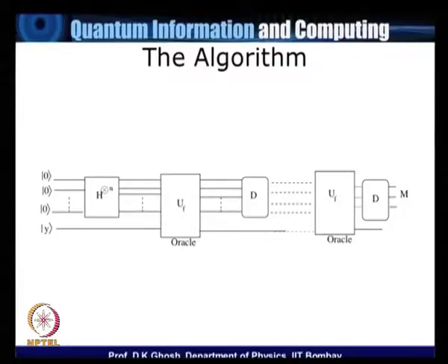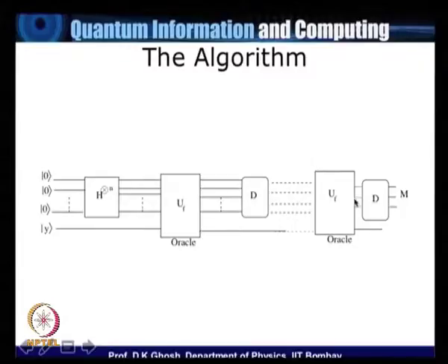This essentially gives you what you will actually be doing. As I said, these are the null states which are passed through Hadamard, giving me the linear combination that we are talking about. This is y, which is set to 0 minus 1 by root 2. You apply an oracle and then apply the diffusion.